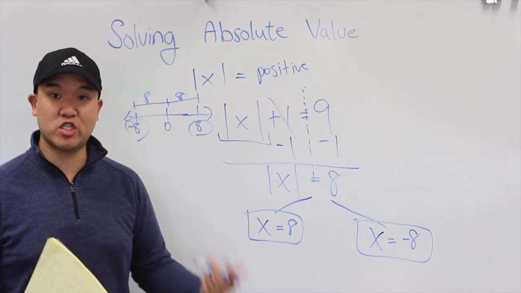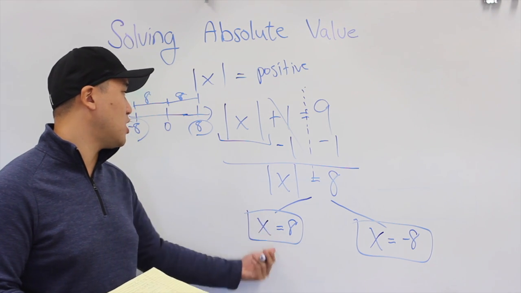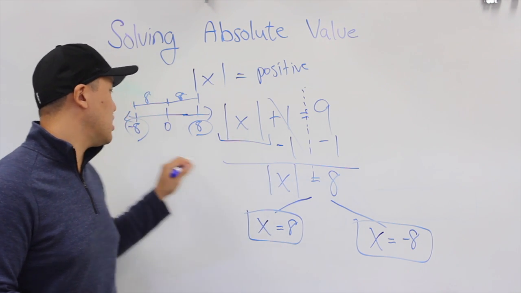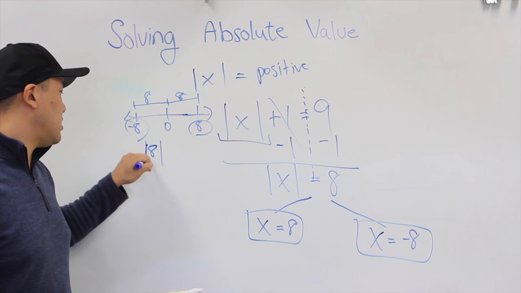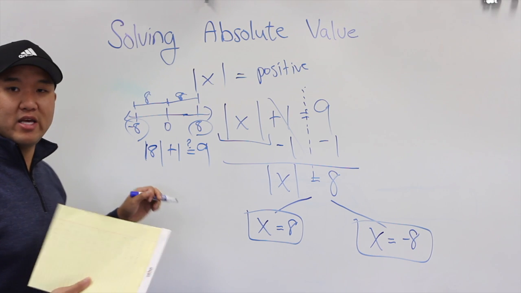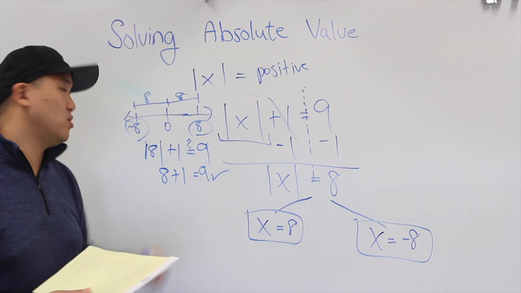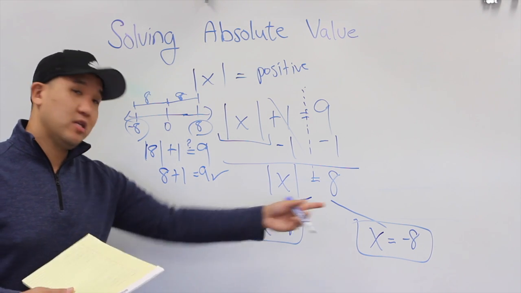And the same thing, we're solving. The cool part about solving is we can always plug it back in to check our answers. So if I plug in 8 here, absolute value of 8 plus 1, is that equal to 9? Well, what is the absolute value of 8? It's +8, plus 1 equals 9, so that's true. Let's try -8.